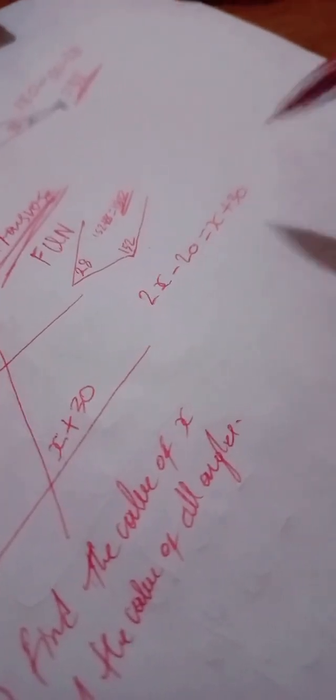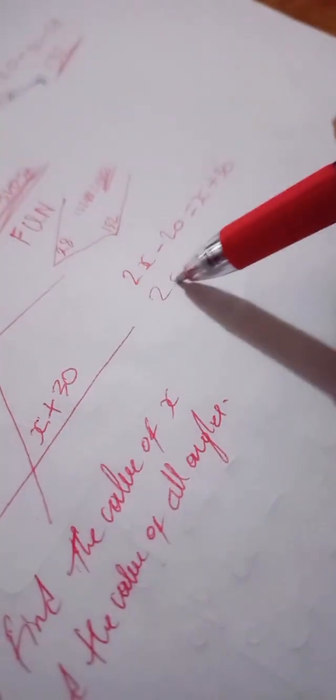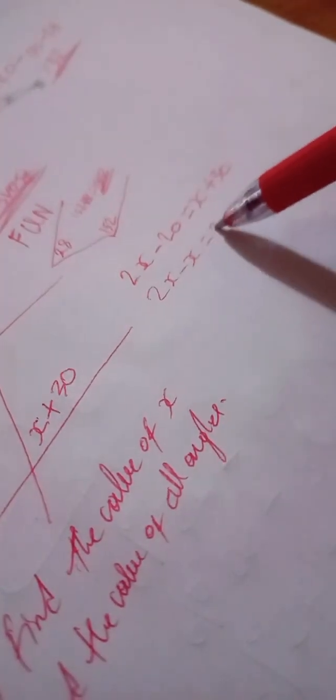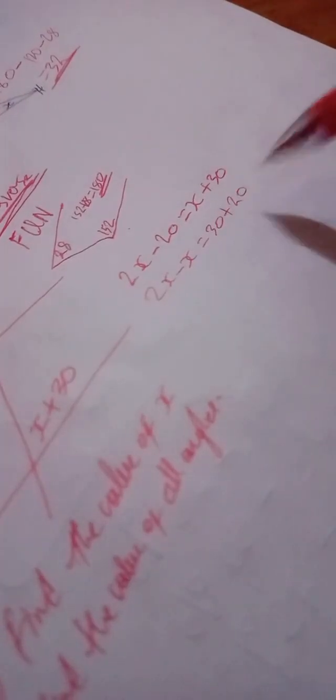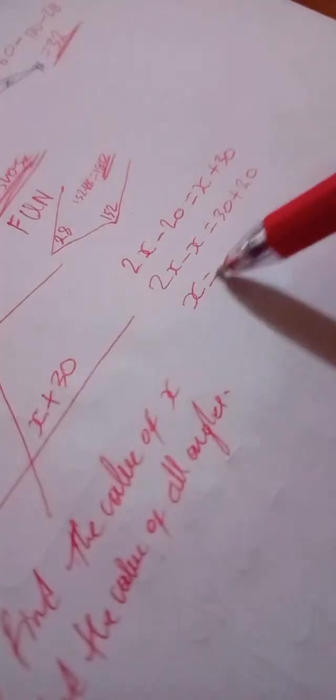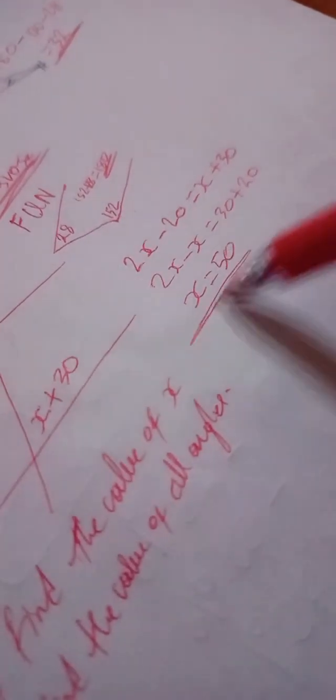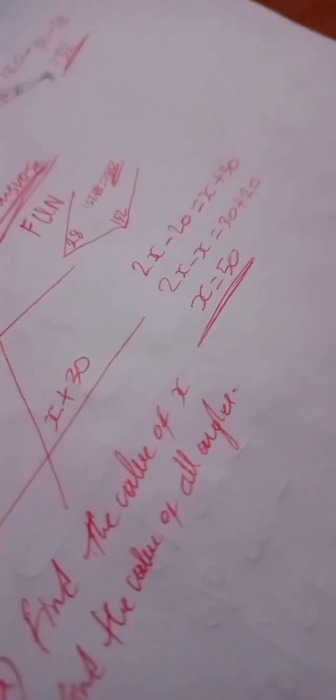Now it's 2x minus x is equal to 30 plus 20. From there, 2x minus x is 50. That's our x.